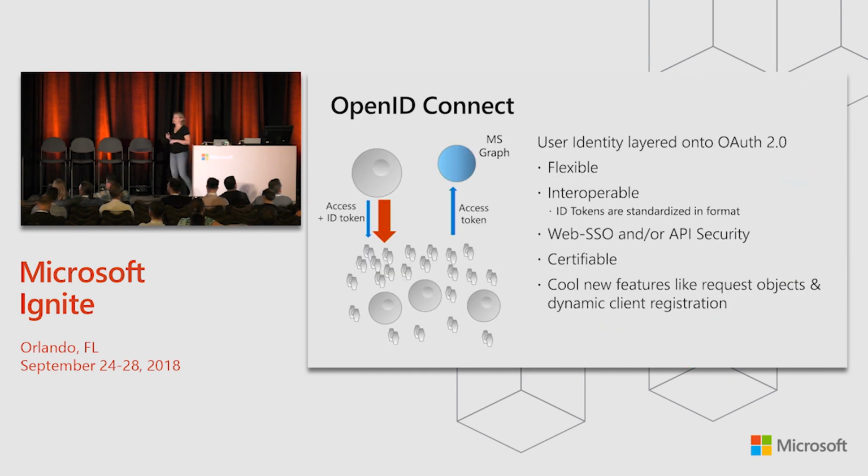So let's talk about OpenID Connect. OpenID Connect is like SAML and OAuth had a baby, right? We get two types of tokens. We get an access token and we get an ID token. And the difference between these two things is exactly what I just said. An access token is destined for the APIs, right, for what we call resource servers.